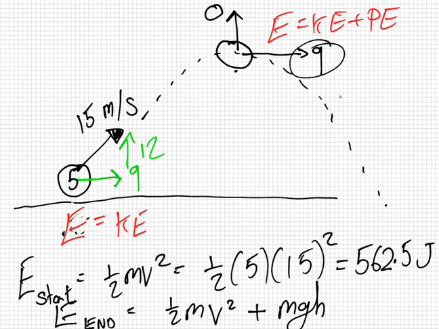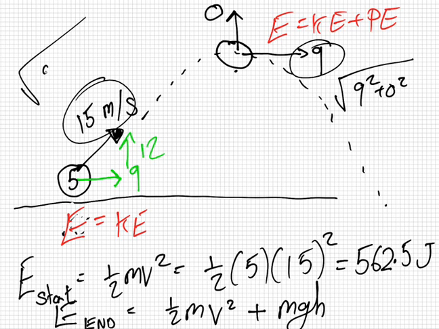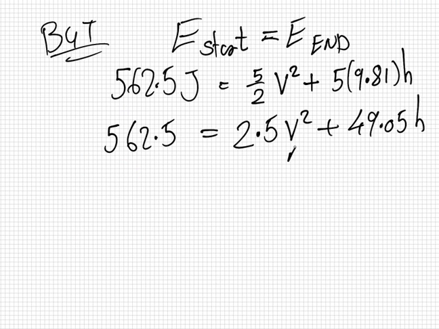Or if you want from Pythagoras, it's square root 9 squared plus 0 squared. And here the 15 was square root 9 squared plus 12 squared. Anyway, the speed here we can see is 9, because this one doesn't change. Remember, the horizontal stays the same. The vertical changes. So that means I know that this is 9.